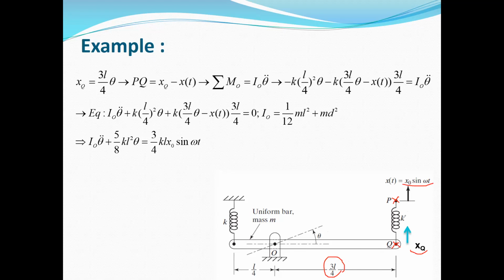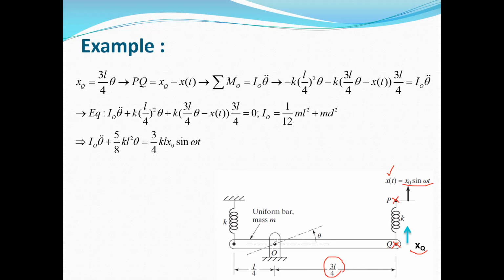So the force in the spring, as I told you, is equal to K times xq minus xt. And you can find the force in this spring as a function of xt, and this xt will appear as a non-homogeneous term in your equation of motion, and you will see.